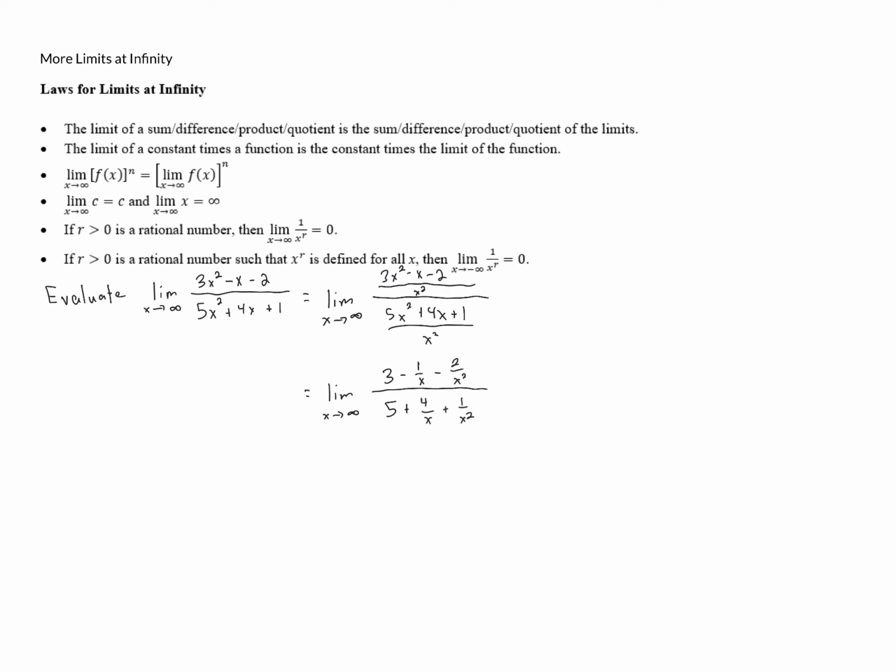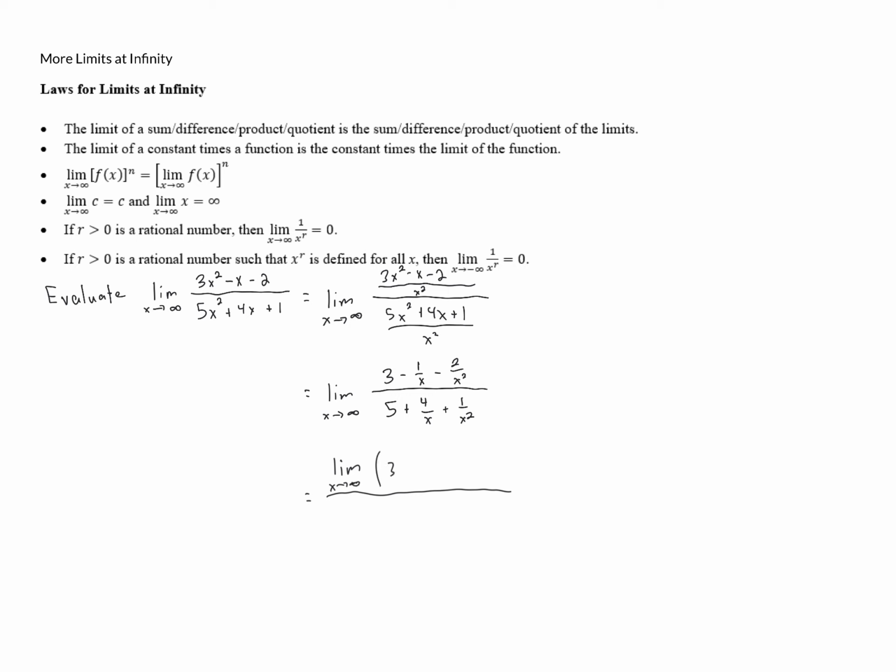Now, at this point, we're going to use some of our limit laws. We know that the limit of a quotient is equal to the quotient of the limits. So we can split this up into one fraction where we've got limits in the numerator and denominator.